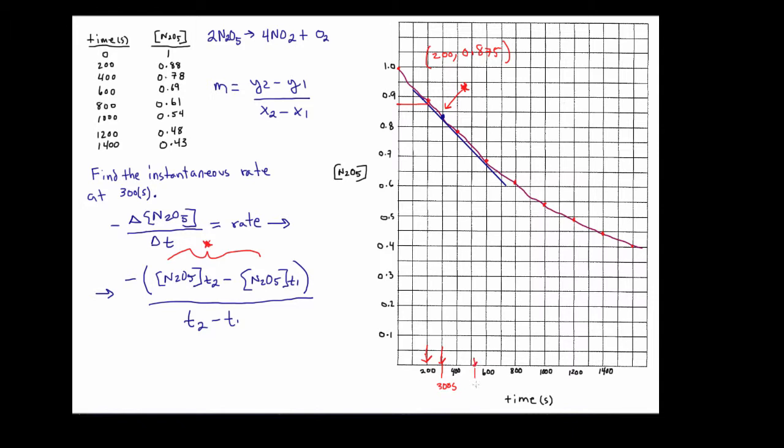And I'm calling this 530 seconds. So I'll write that down here so you can see it clearly. All right, and that's going to be about here on the line. So the y value is going to be 0.7, this guy right here. All right, so let's go ahead and get that set of coordinates.